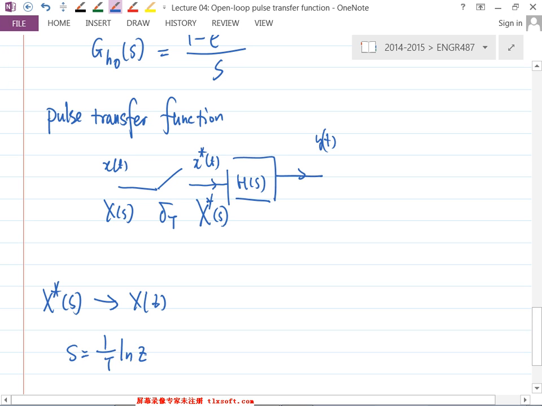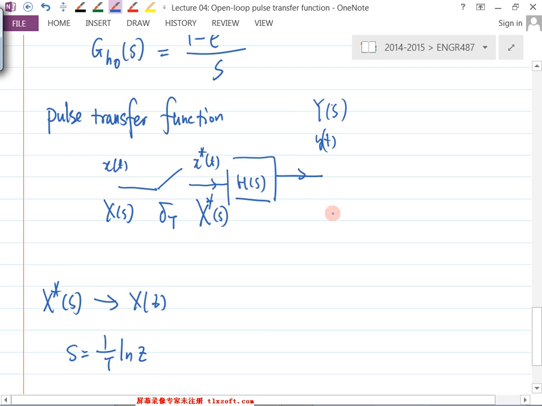So if I want to get the pulse transfer function, I have to put things in a pair, right? Now this is y of t, and of course this is y of s. You can't put these two together. If you do, you get the original Laplace transfer function, but that's not the pulse transfer function we're looking at here.